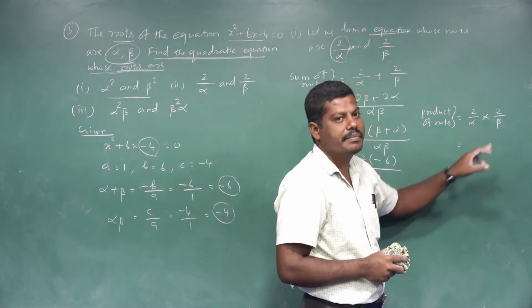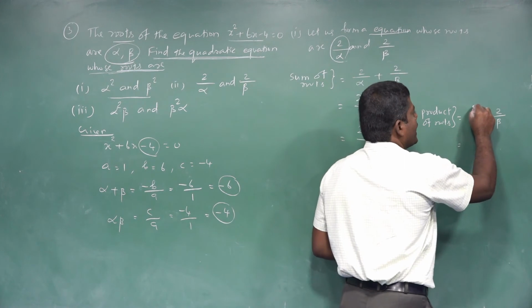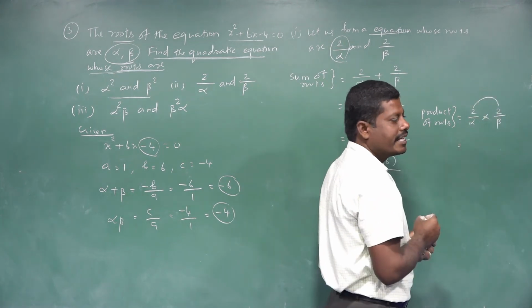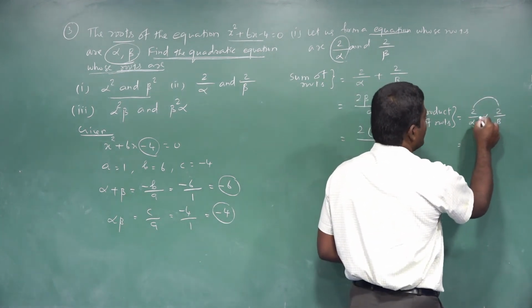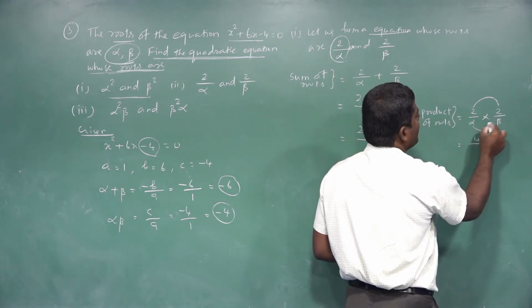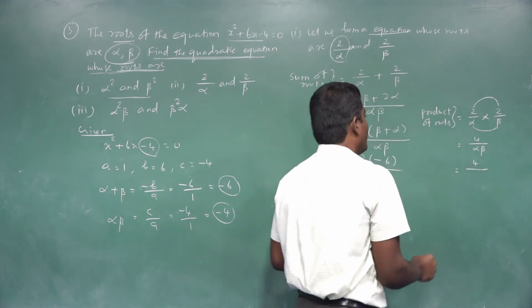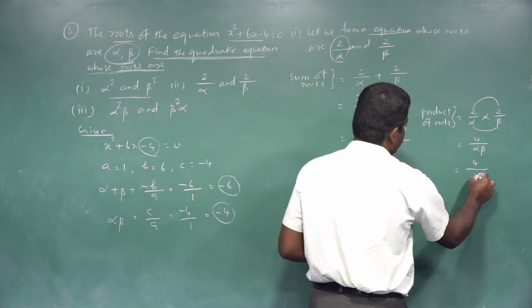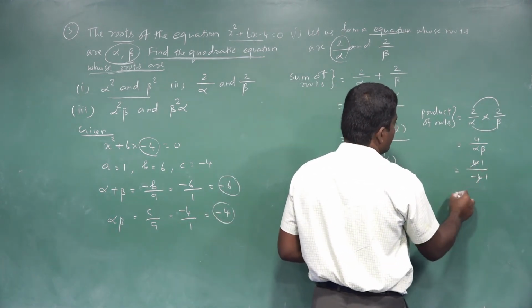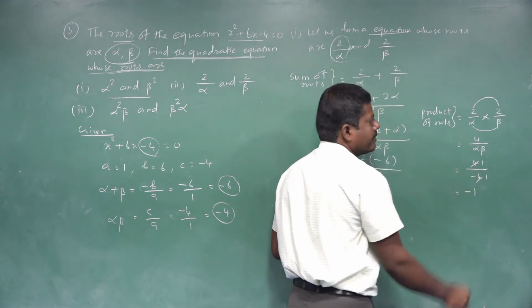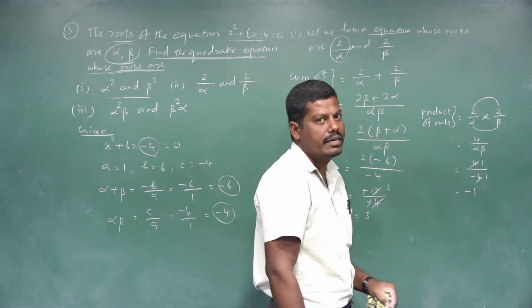Multiplication means you multiply numerator with numerator and denominator with denominator. 2 multiplied by 2, 4, divided by alpha multiplied by beta, alpha beta. Understand? 4 divided by, the value of alpha beta is minus 4. 4 gets cancelled, 1 divided by minus 1 is nothing but minus 1. Product of roots value is minus 1.